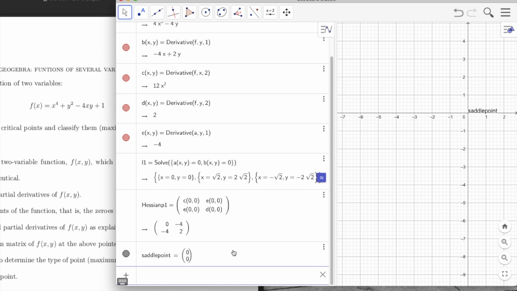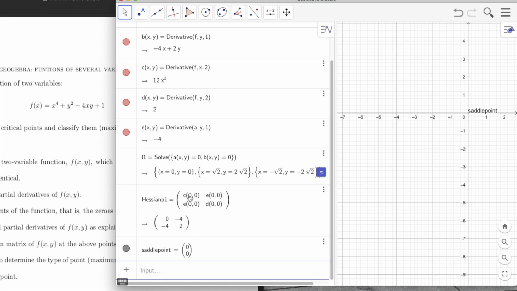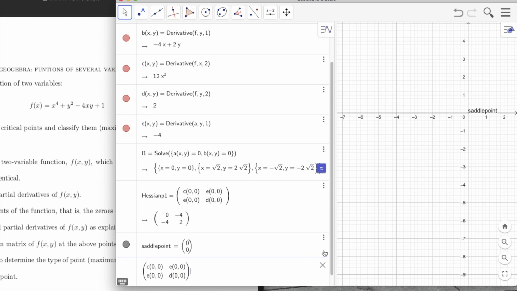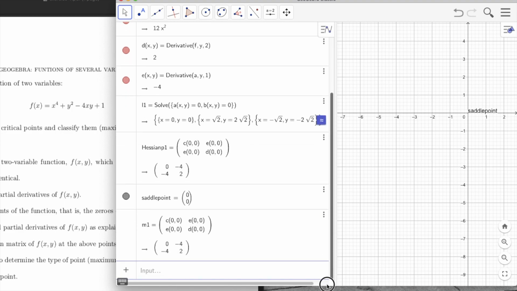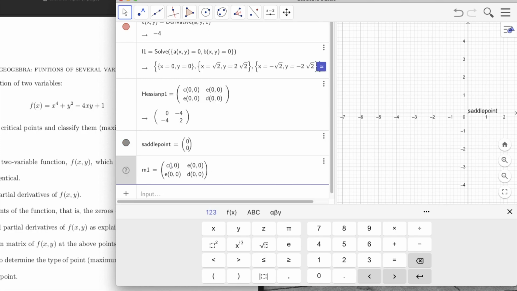There are two ways to do this. Let me call the keyboard, maybe easier for you. But before anything else, let's copy this matrix, duplicate it, so we can edit the entries. This is 2, so the 2 goes here, and here is 2 root 2.